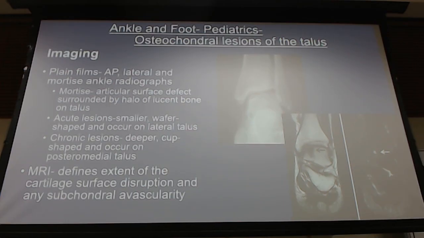MRI, not the CT scan, okay, is the study of choice for assessing the degree and the extent of osteochondral lesions. So again, the MRI is the study of choice for assessing the degree and the extent of osteochondral lesions. Okay.